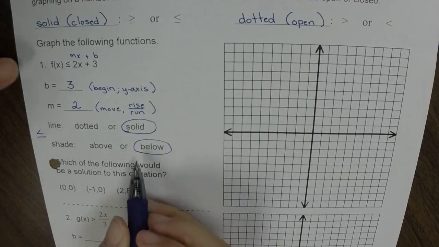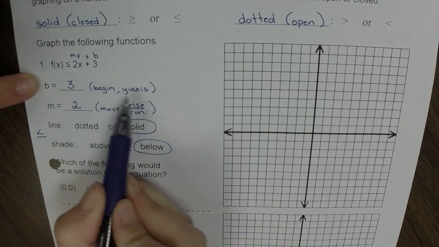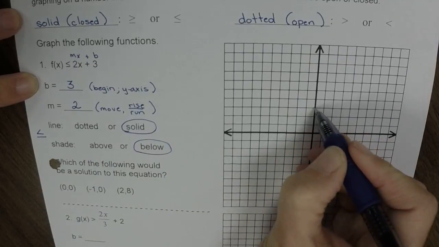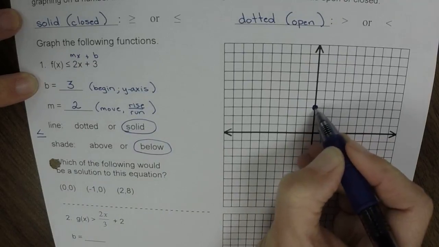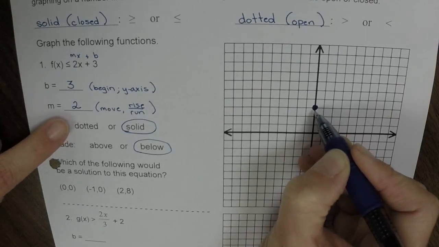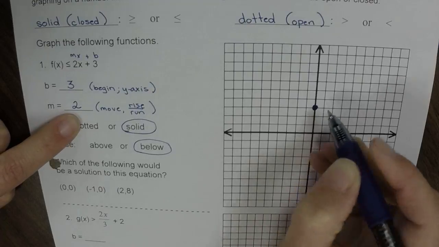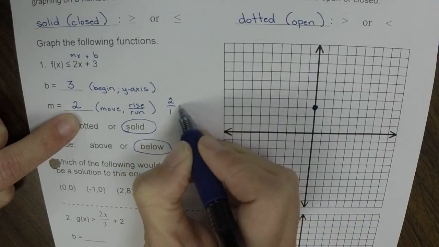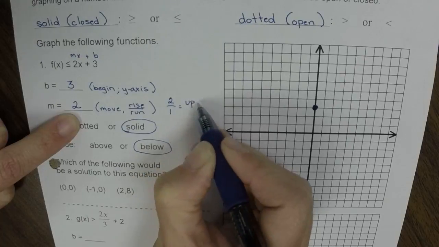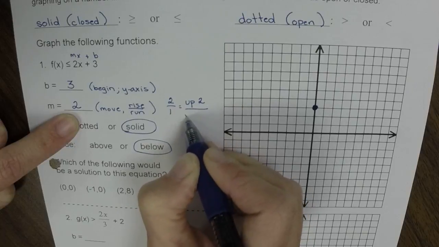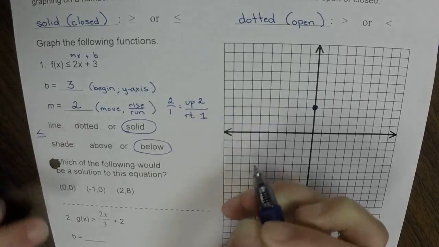So let's go ahead and graph. We're going to begin at 3 on the y-axis. So we go up 1, 2, 3, and we put a point. From here, we're going to follow our slope, which is just 2. Remember, if it's a whole number, we put 2 over 1. So this tells me I'm going up 2 units, and then since this is positive, I'm going right 1 unit.